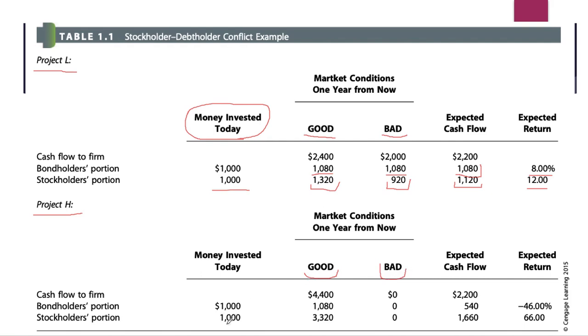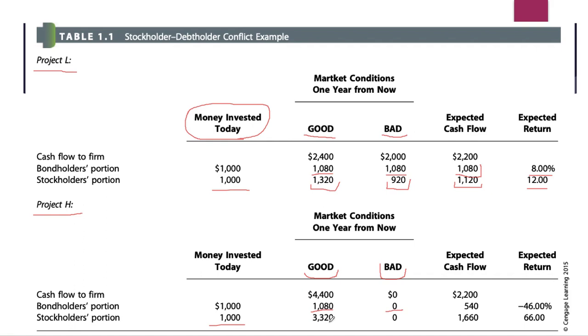And suppose we still have the same 1,000 initial investment, and basically for the bondholder this time, if the conditions are bad, actually the company is losing everything and it's not able to pay back the bondholders' payments in the bad scenario. So then they will just receive $0.